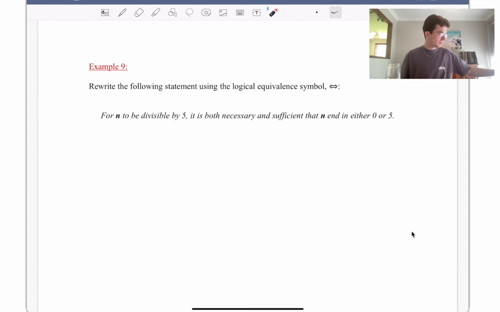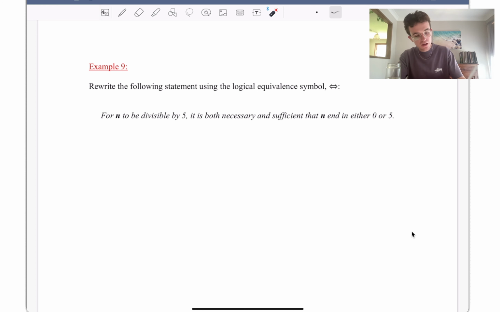Right, so we're going to rewrite this sentence here using the logical equivalence symbol. So for n to be divisible by 5, it is both necessary and sufficient that n ends in either 0 or 5.